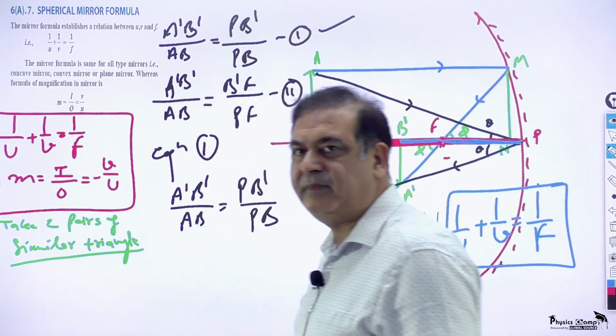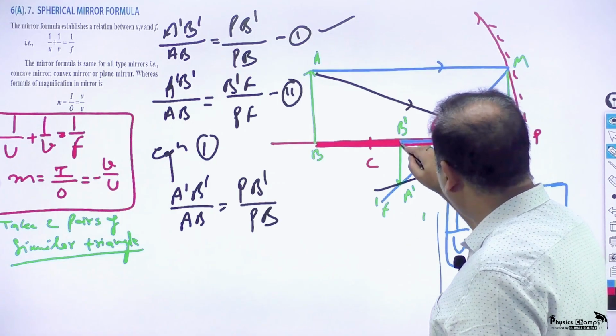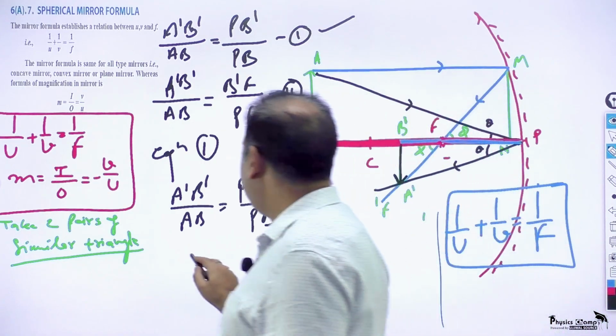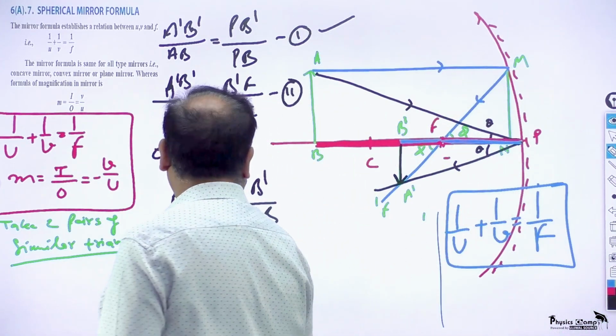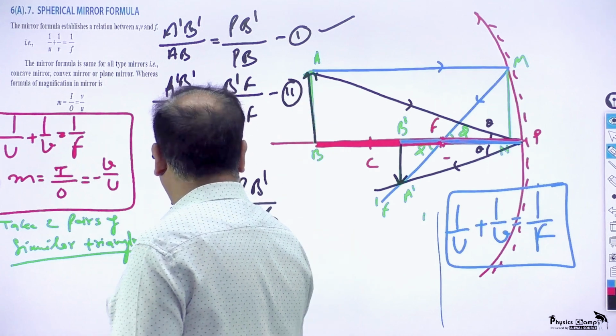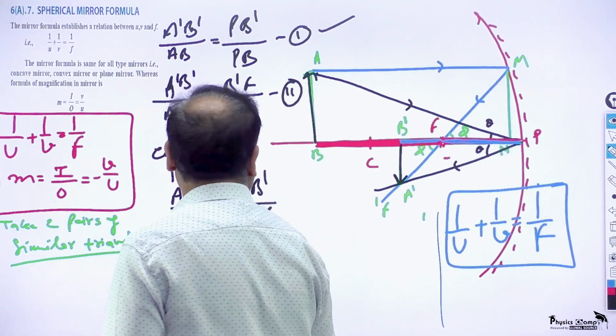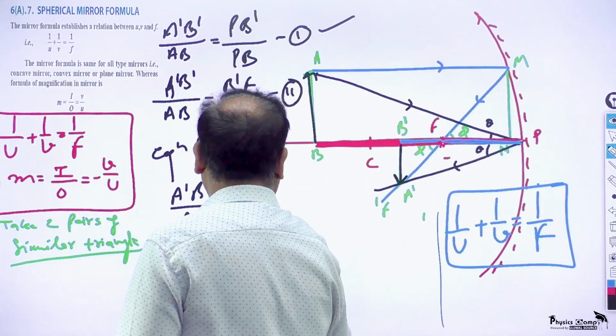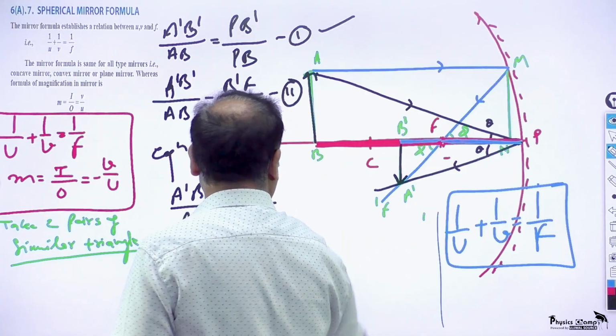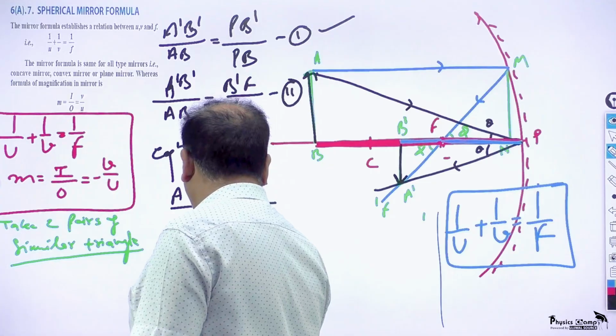What is A dash B dash? A dash B dash is minus I. And what is AB? It is plus O. And what is PB dash? It is minus V. And what is PB? It is minus U. So, we have this relation.